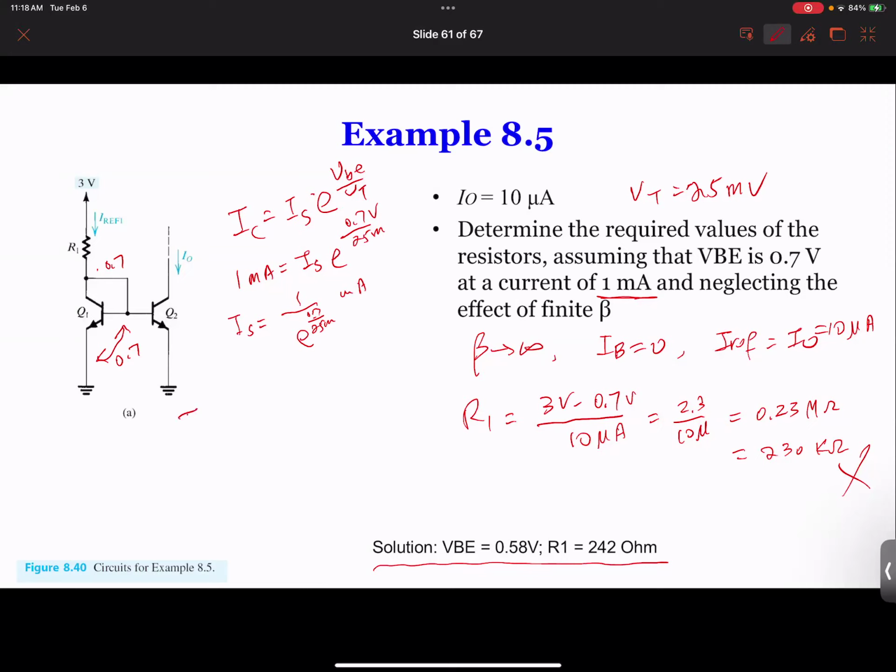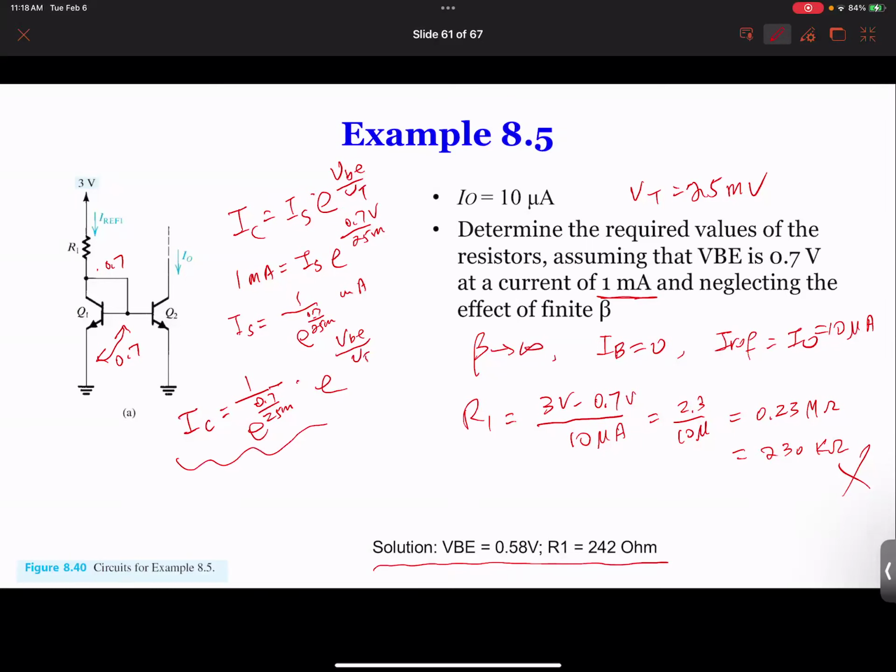So your actual current IC is going to be IS, which is 1 over e to the 0.7 divided by 25 milli, times e to the VBE over VT.